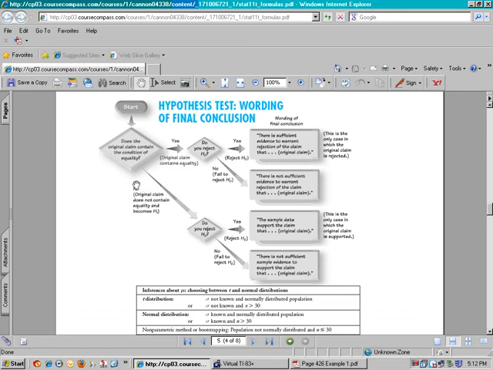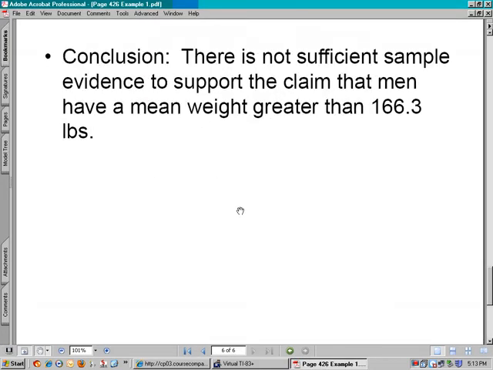So we're down here, and we used this statement to make our conclusion. Notice there is not sufficient sample evidence to support the claim. So if we go back to this, we can see that our final conclusion is there's not sufficient sample evidence to support the claim that the men have a mean weight greater than 166.3 pounds.